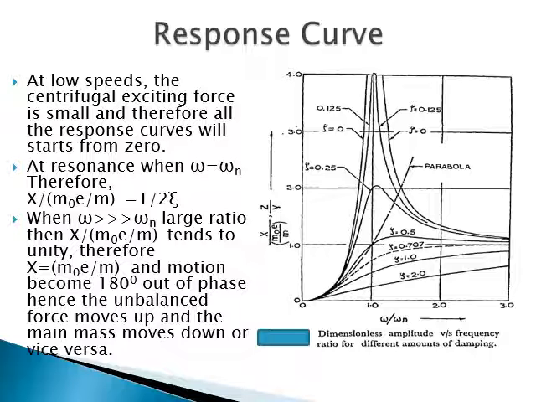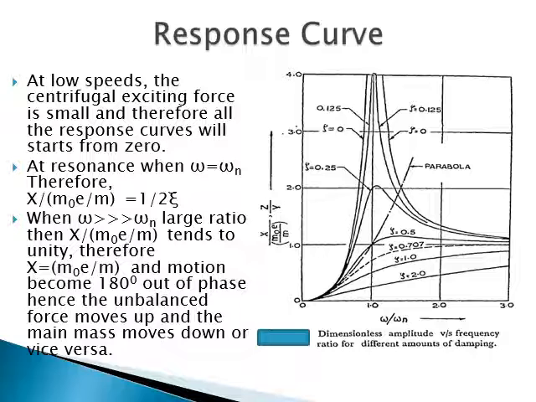In case of resonance, when omega equals omega n, we put omega equals omega n in the equation and get x by m0 e by m equals 1 divided by 2 zeta.